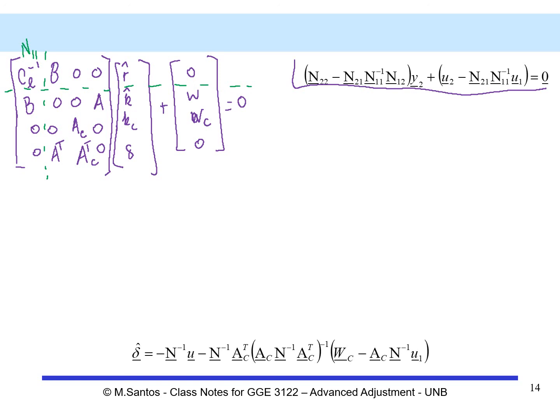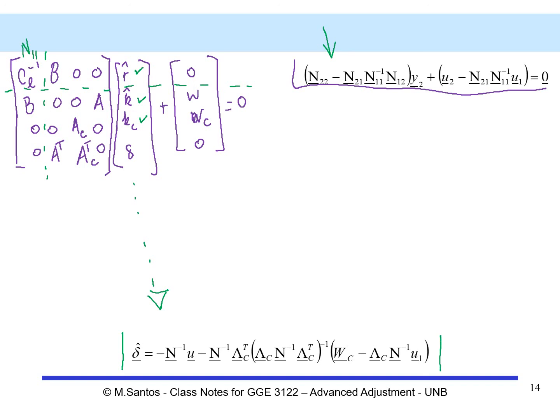We need to compute the inverse. So we're going to apply the rules of parameter elimination by partitioning, first to eliminate R, then to eliminate K, then to eliminate K sub C, and at the end we're going to have this final equation.